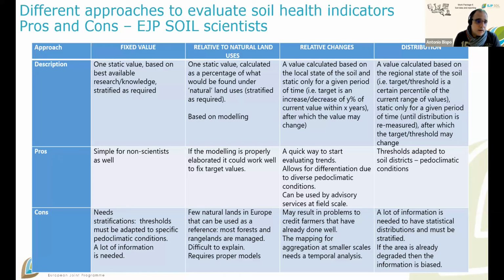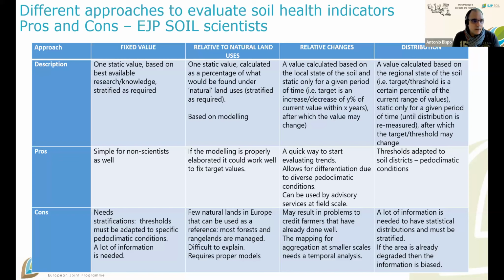The second one, of course, if you have a proper model, it could be quite easy to set those target values. But then the difficulty is that you need a model for different parameters.